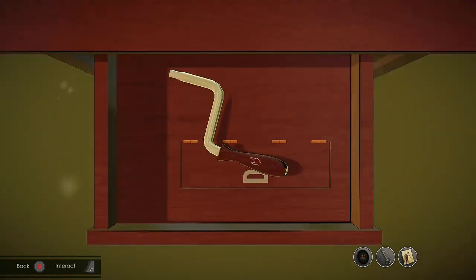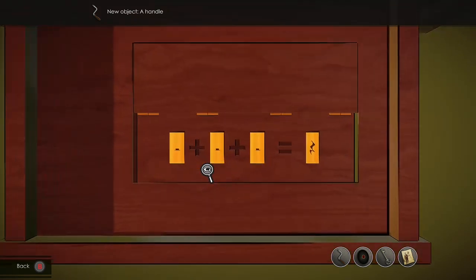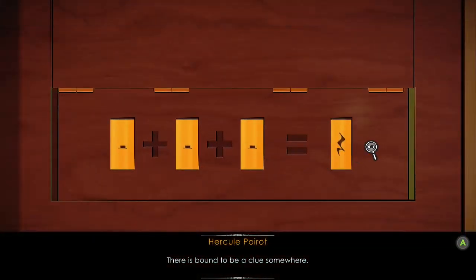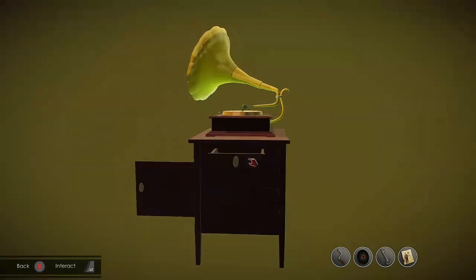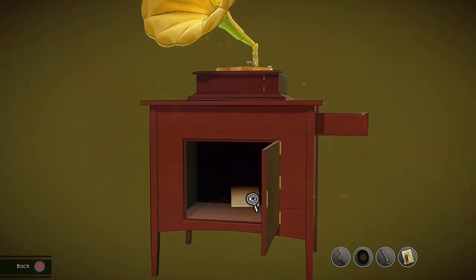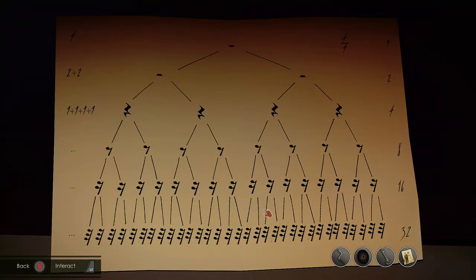Oh, hello. Need that. What's this? Oh. There is bound to be a clue somewhere. So I need something that makes this funky doodle thing. Okay, so. So what are these? 1 plus 1 plus 1.